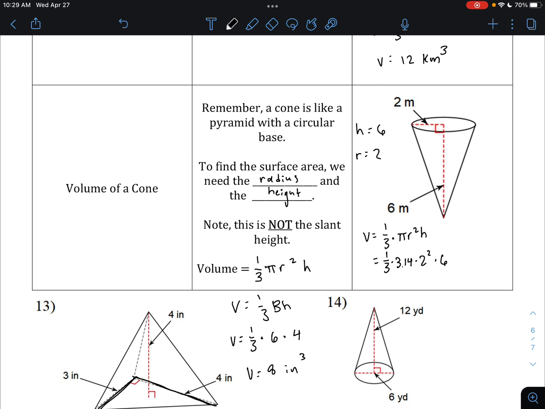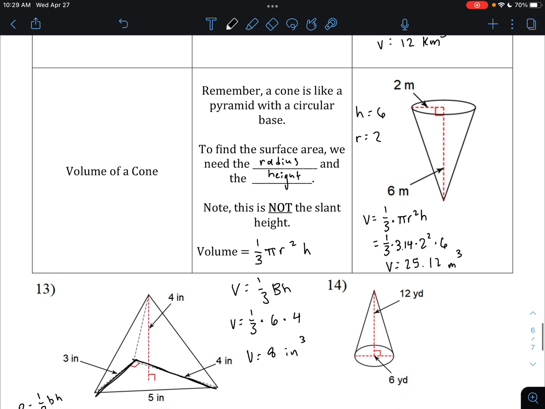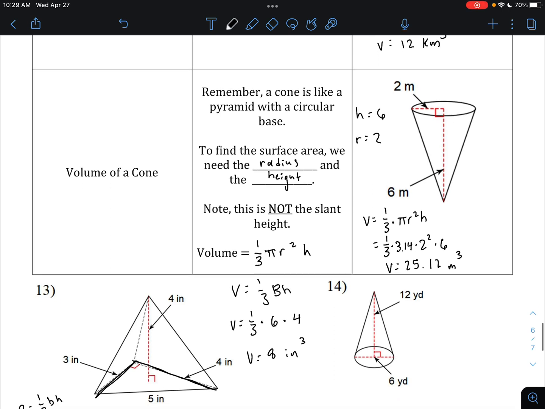So that's 1/3 times 3.14 times 2 squared times 6. We should get about 25.12. Volume equals 25.12 meters cubed. If you use the pi button on your calculator, you should get about 25.13. But remember to use 3.14 on IXL.